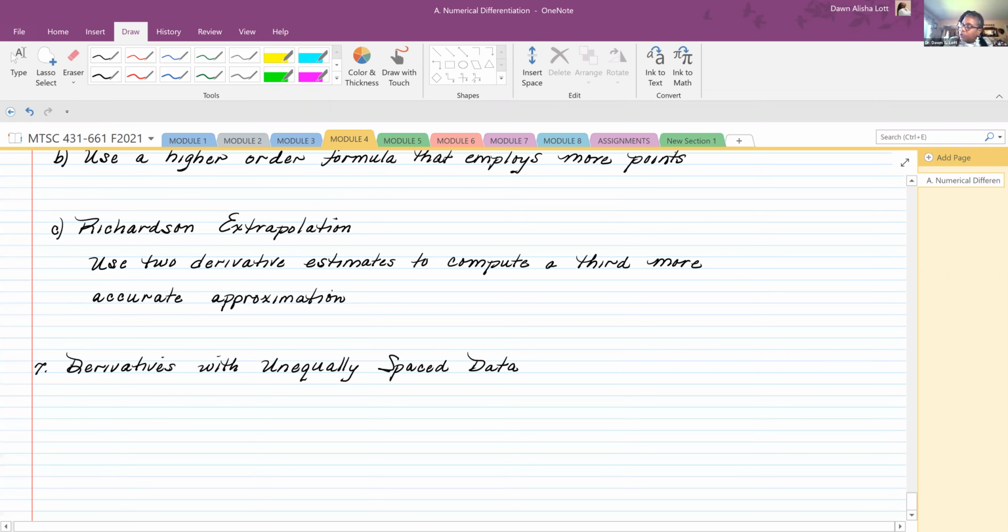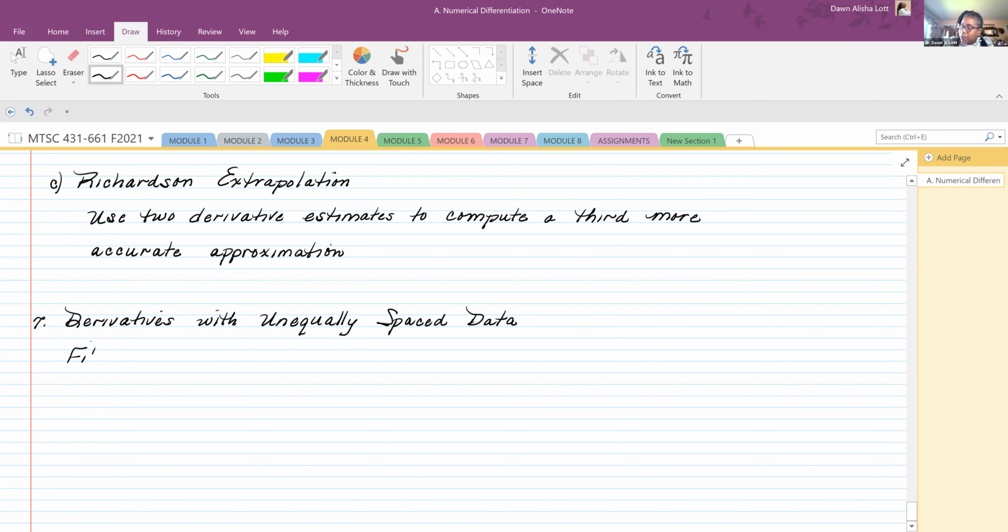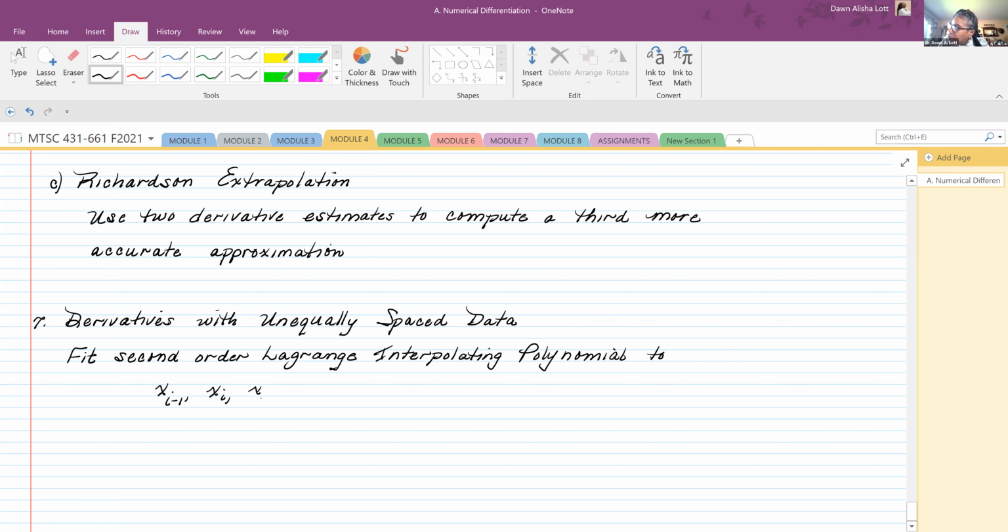Okay, so we can fit, now this is actually not what I did in my research, I actually found it, but you can fit a second order Lagrange interpolating polynomial to any 3 points, x i minus 1, x i, and x i plus 1.